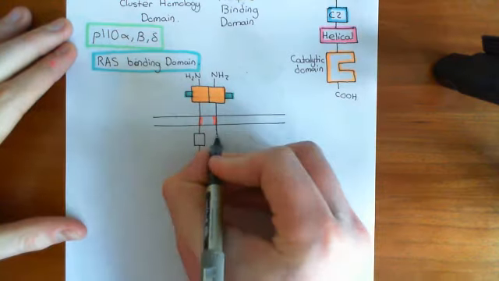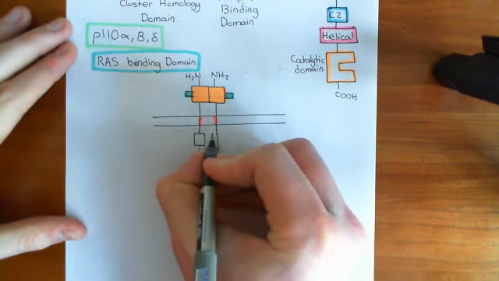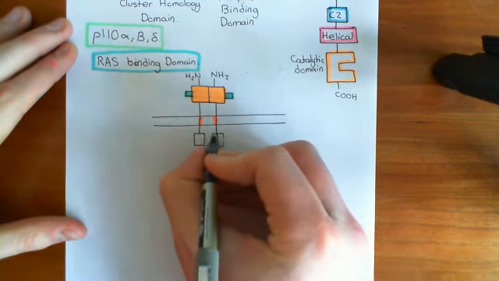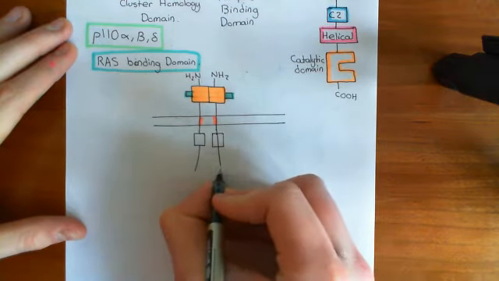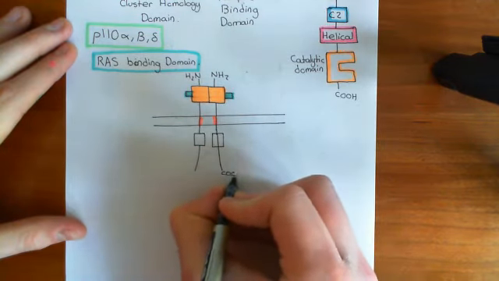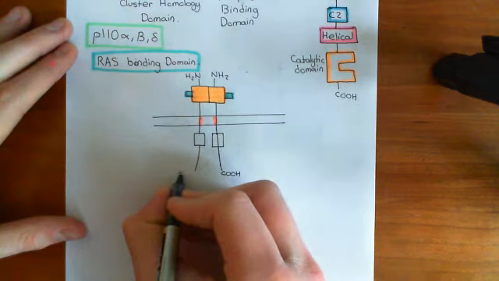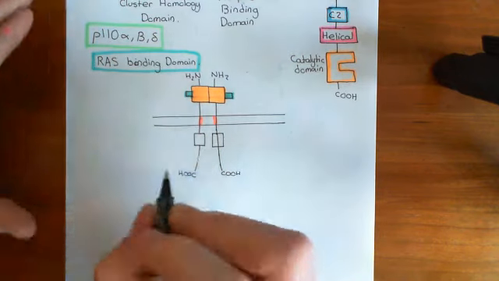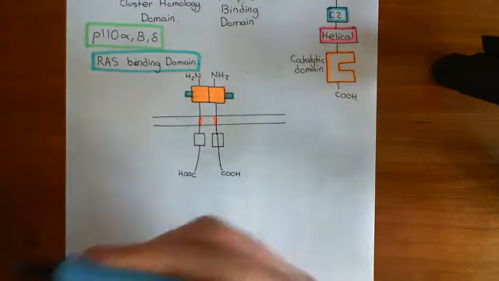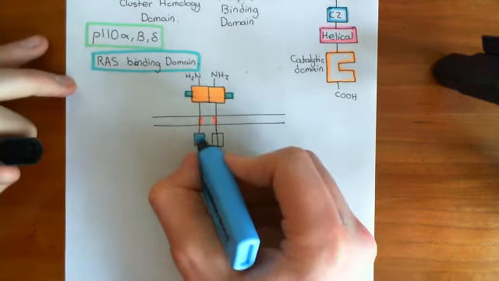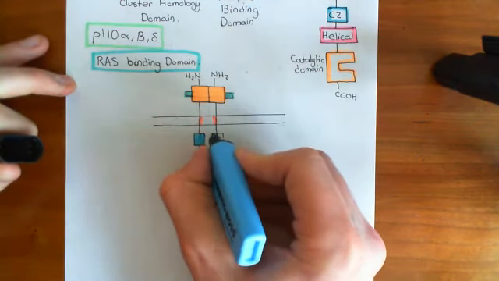I'm going to extend the cytoplasmic tails a little bit so I've got more room to play with. Then we've got our tyrosine kinase over there as well. Here's our carboxylic acid terminus, and here's the carboxylic acid terminus of this other receptor tyrosine kinase.